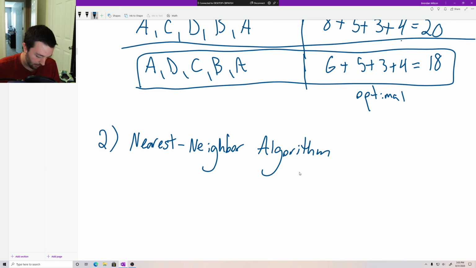Okay. So first we want to pick a vertex as the starting point.